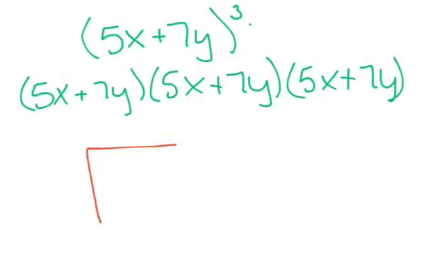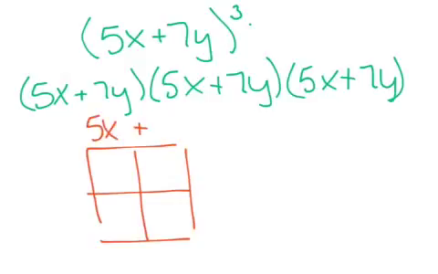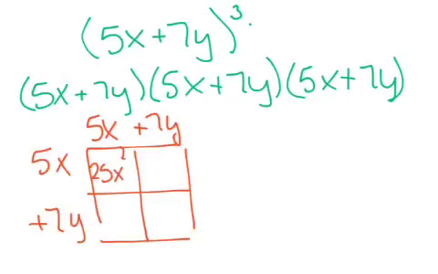So I'm going to start with my 2 by 2. 5x plus 7y and 5x plus 7y. So that's going to give me 25x squared, 35xy, 35xy, and then 49y squared.